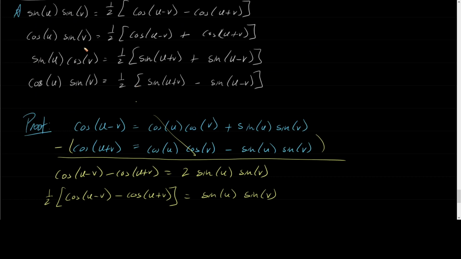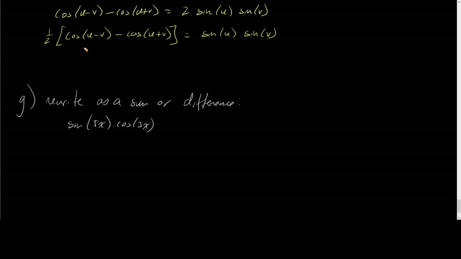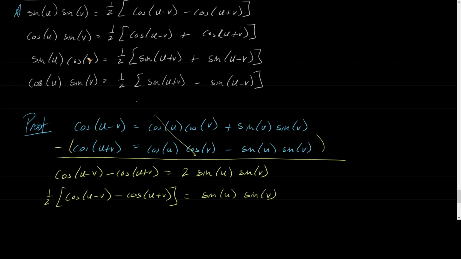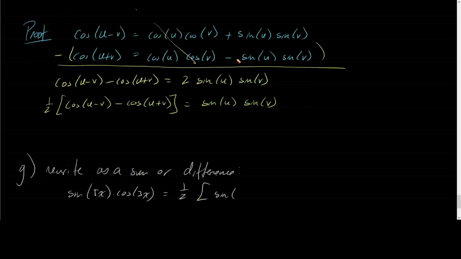According to the formula, this is going to be 1/2 times the sine of the sum plus the sine of the difference.